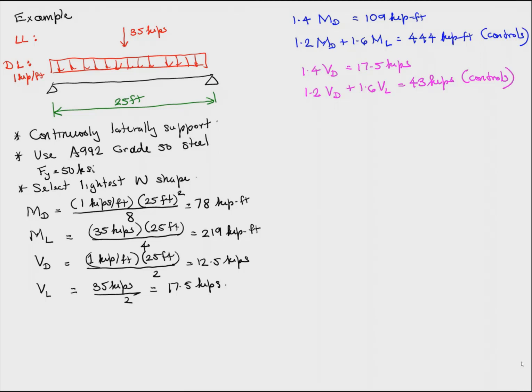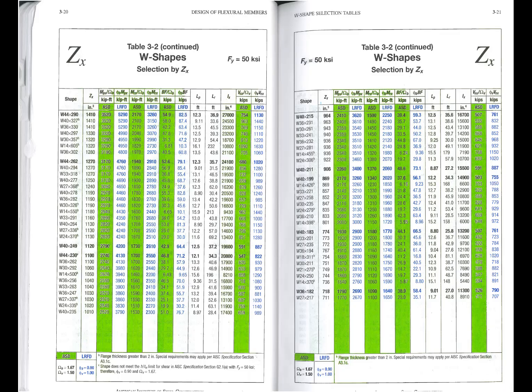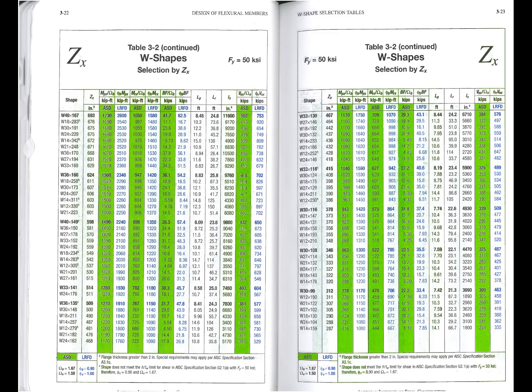Now let's go to the AISC table and try to see if we can find a W shape. So we go to the tables and start looking for a moment capacity of 444 kip feet. So we see that these moment capacities are very large. We keep scrolling down.